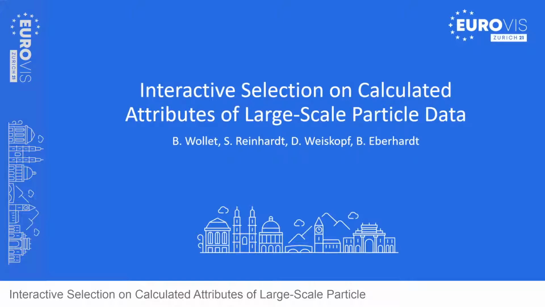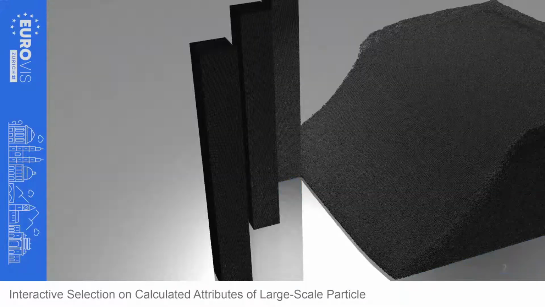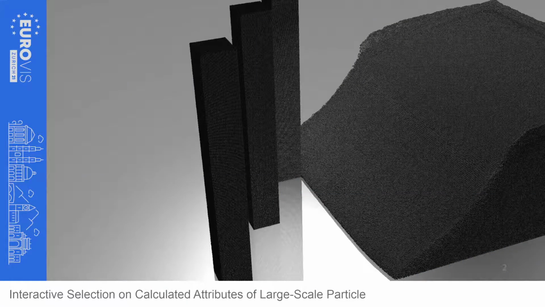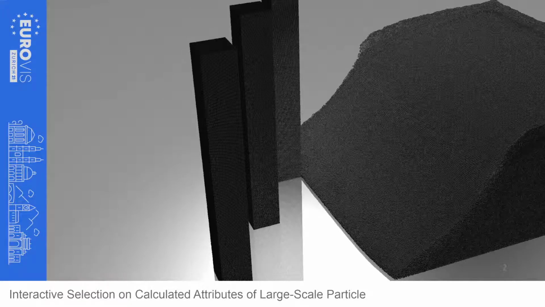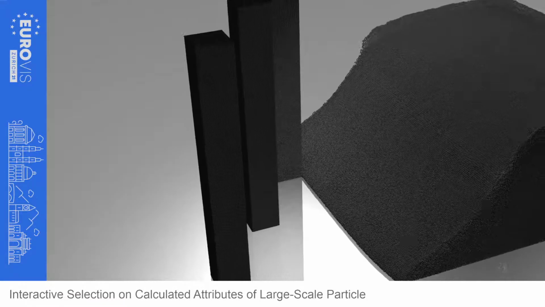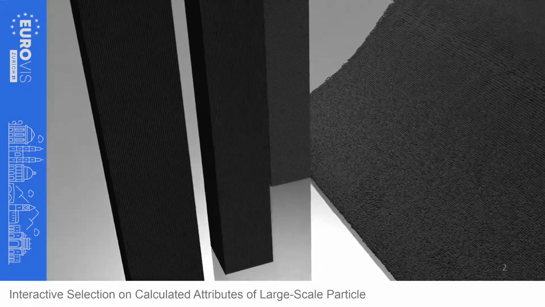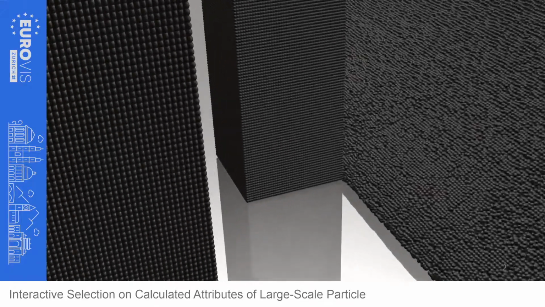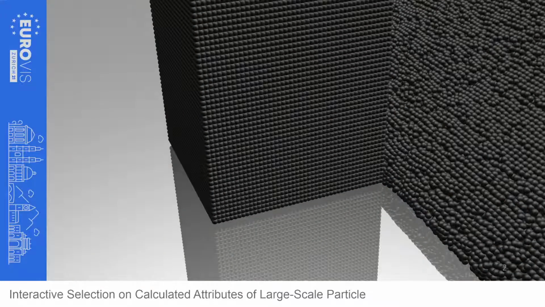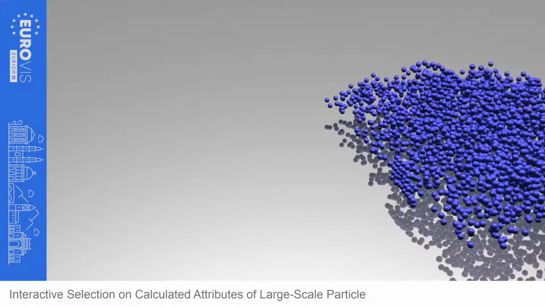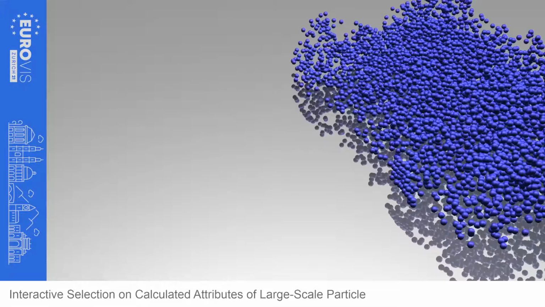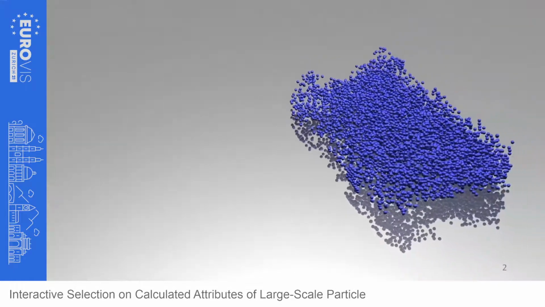As a start, let's take a look at one example of a particle-based simulation. You're now watching a part of a fluid simulation consisting of 10 million particles. The scenario shows a dam break where the fluid hits 3 towers. Although there are only particle positions present in this scenario, we can use our solution to lazily evaluate attributes limited to the manually selected particles and to the extended region, which are the particles directly under the surface of the fluid here.